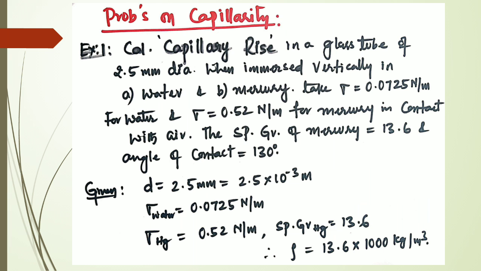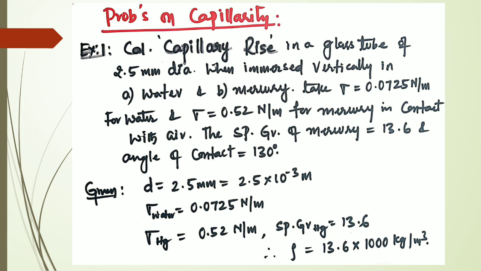Now let us understand the simple problems on capillarity. Okay. Then, calculate the capillary rise in a glass tube of 2.5 mm diameter. You need to calculate capillary rise in a glass tube of 2.5 mm diameter he has given, when immersed vertically in water; second case is mercury.